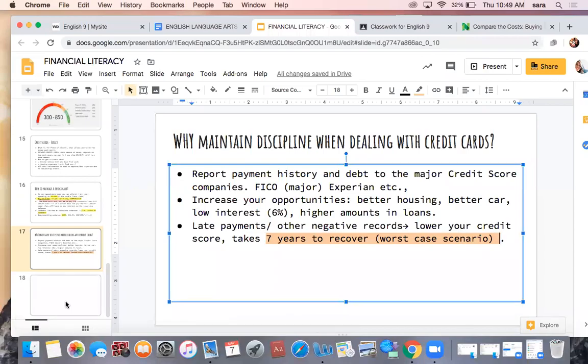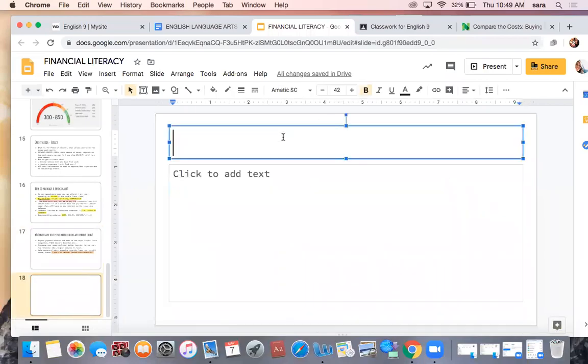Now we come to a very important aspect of staying financially stable, which is buying a car. That's our new topic that we're going to talk about today. So, buying a car.